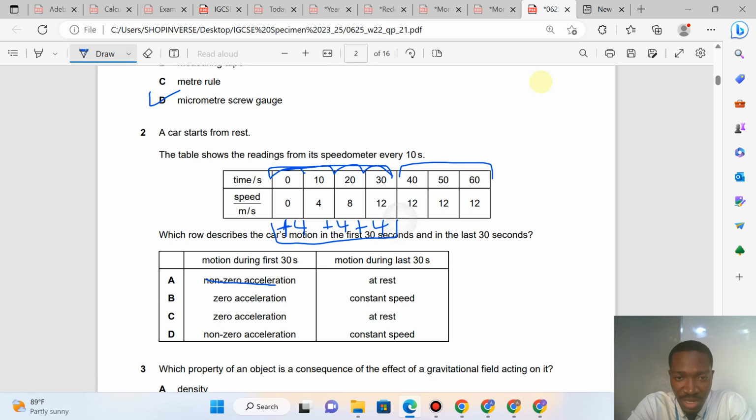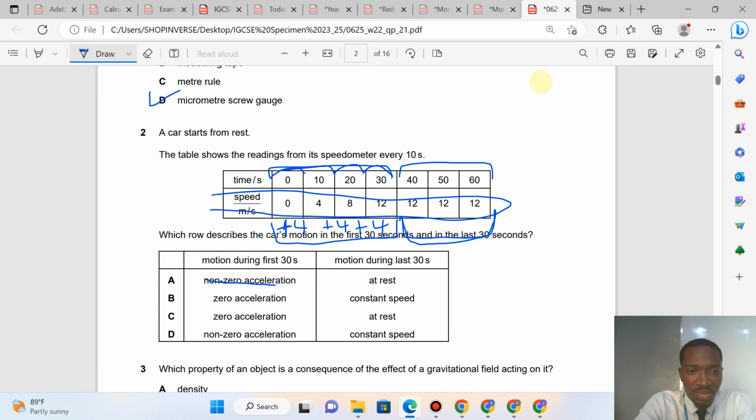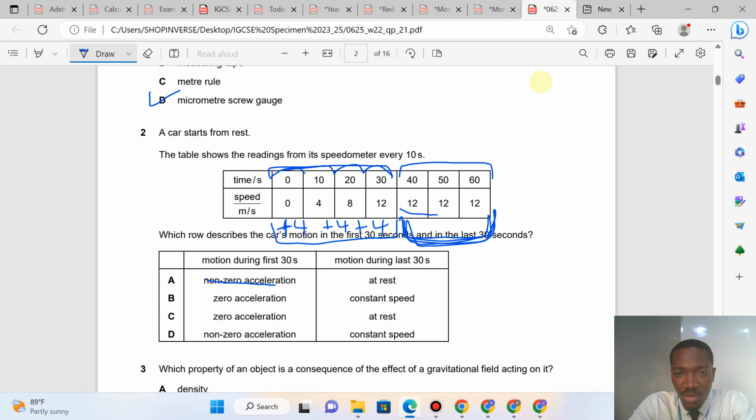Then during the last 30 seconds, this is the speed during the last 30 seconds. Do not forget that this column here represents the speed. So if you are talking about the speed during the last 30 seconds, we are talking about this part of the table. And you see that the speed is constant. The speed is 12, 12, and 12. So since the speed is constant, that shows that the body is not at rest.